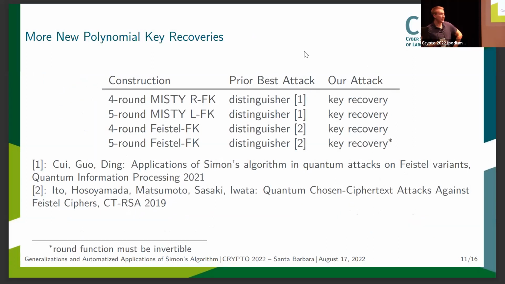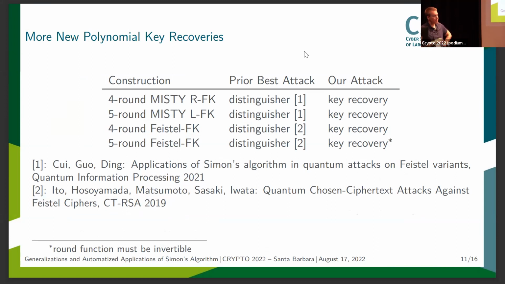So we have some more attacks. All these constructions that we studied were actually already studied before, but only distinguishers were found. And these were similar to the distinguishing attack by Kaplan, Leurent, Leverrier, and Naya-Plasencia and by Kuwakado and Morii against the four-round Feistel, with constants as input that switch based on one input bit.